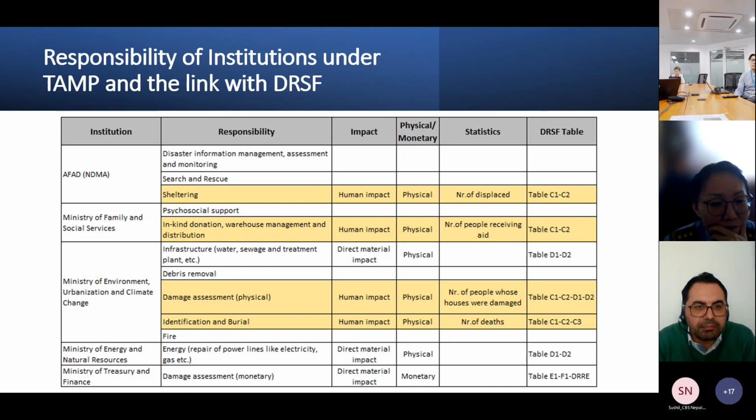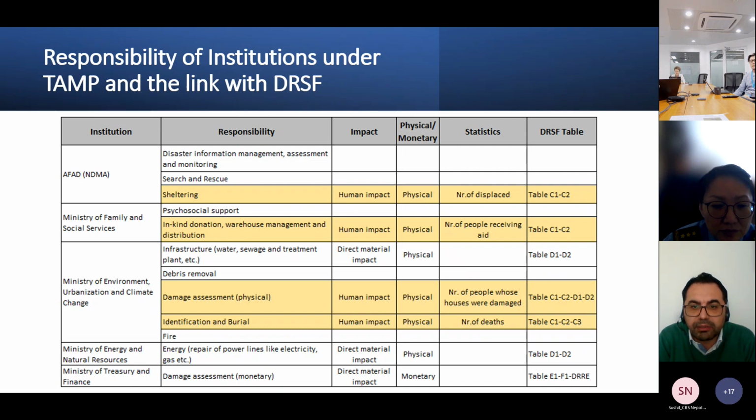Also, in the second line, the Ministry of Family and Social Services is responsible for psychological support and the coordination of collection, warehouse management, and distribution of in-kind donations made to the disaster victims.